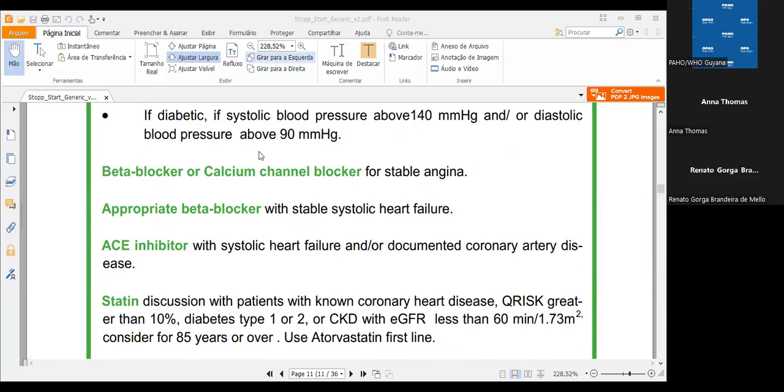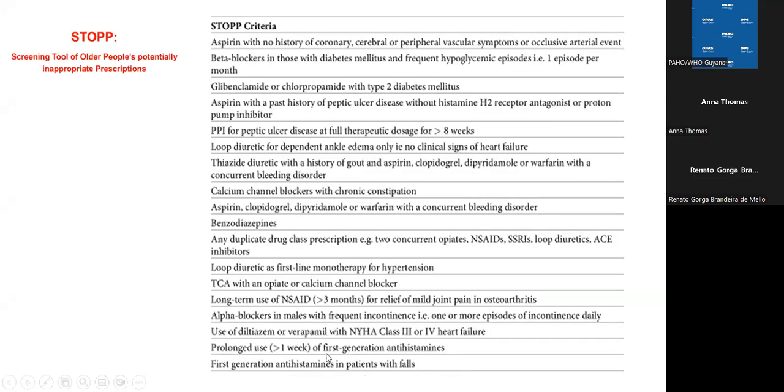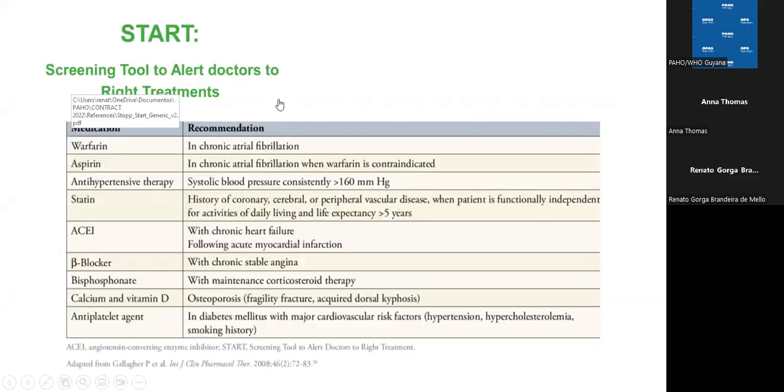ACE inhibitor for patients with systolic heart failure and or documented coronary artery disease. So these are examples of when we have to use the stop approach or the start approach. Here are other examples, but I won't read them again as I already showed you. And start criteria being applied here.